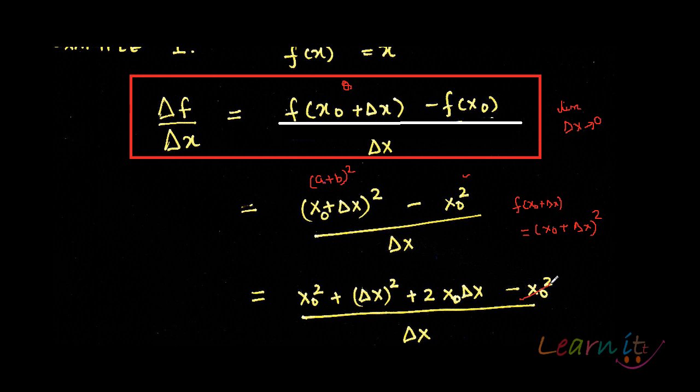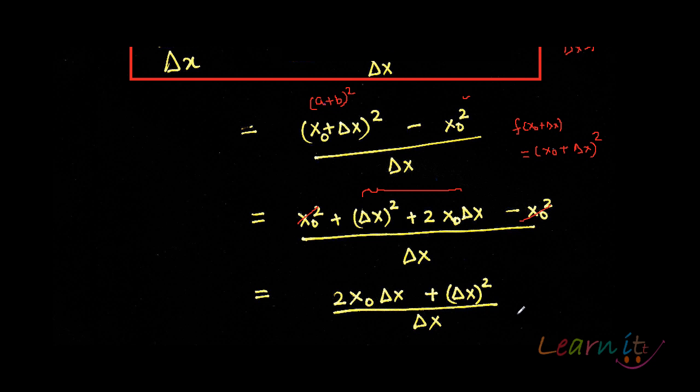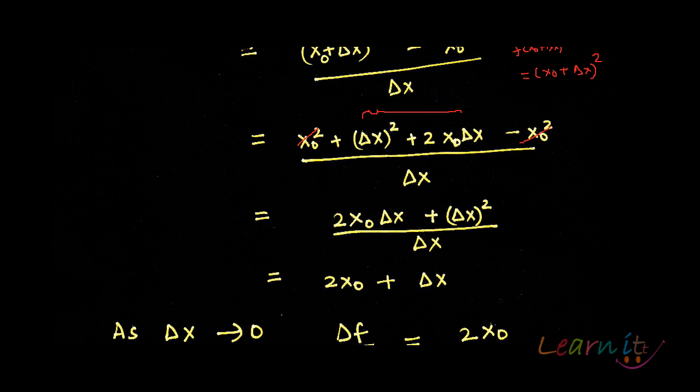Now this and this would cancel out with each other. So what remains is essentially the central terms: change in x whole square plus 2x naught into change in x, upon change in x. Next, you can take out change in x common from the numerator. My numerator is 2x naught into change in x plus change in x whole square, upon change in x.